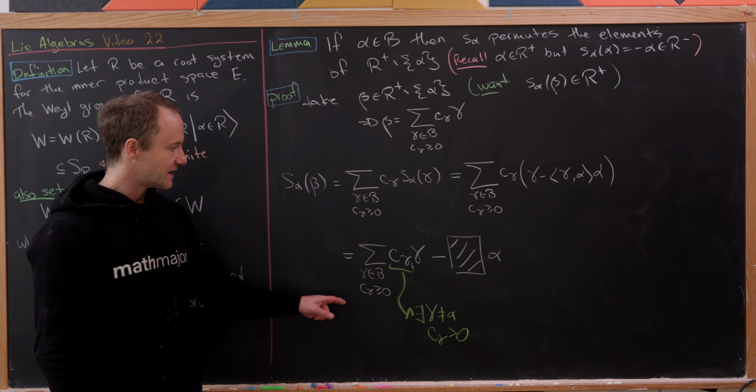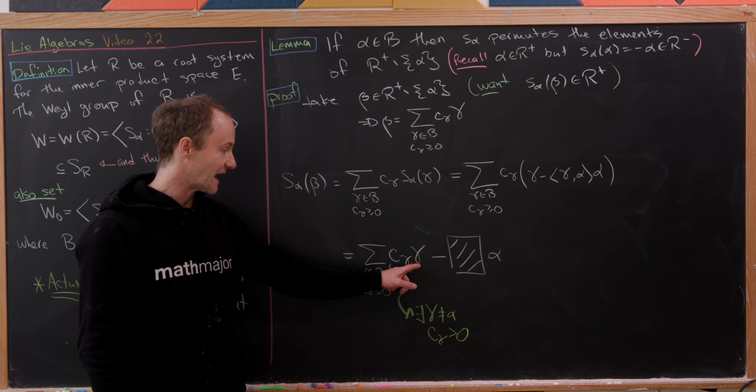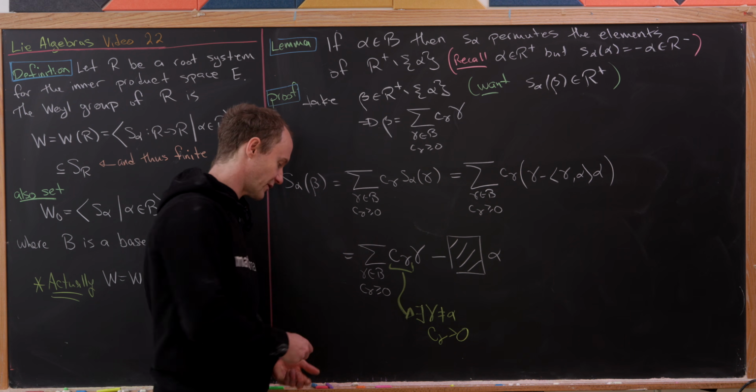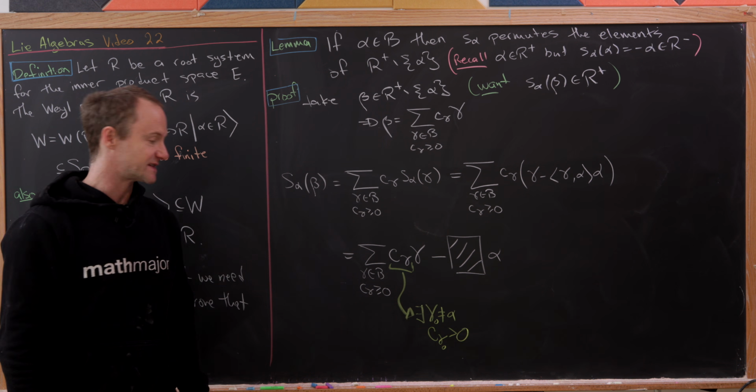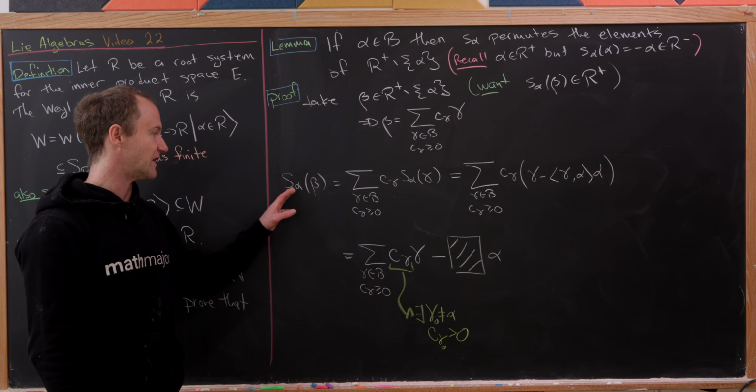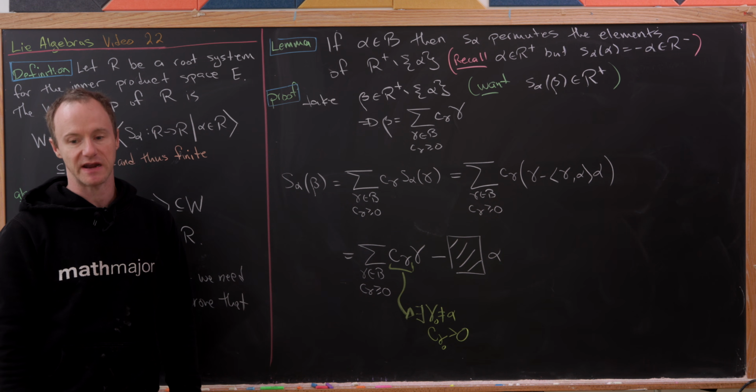But that means that the weight of this special gamma vector, which maybe we could decorate with gamma naught, is positive in the expansion of S alpha beta.